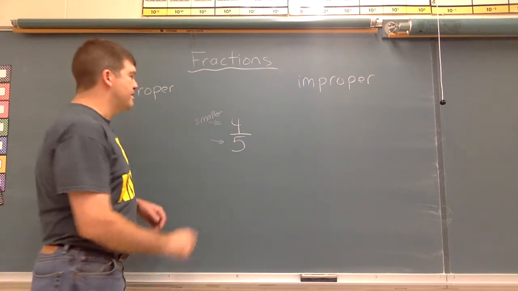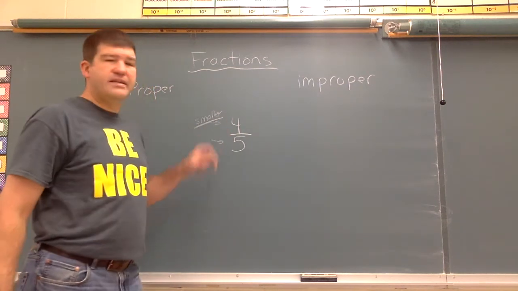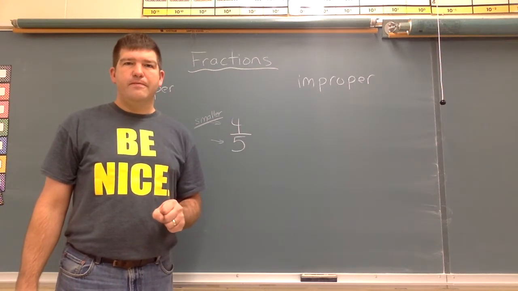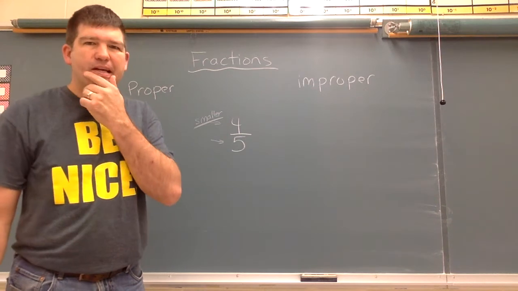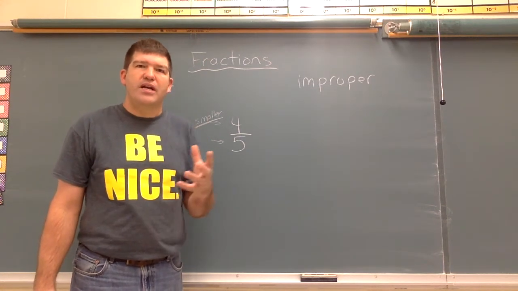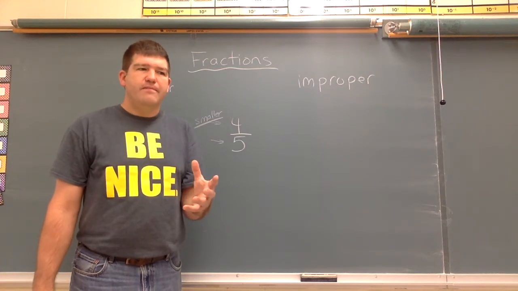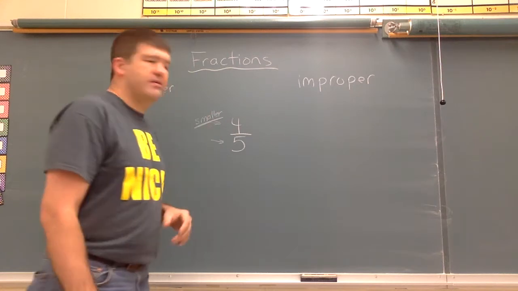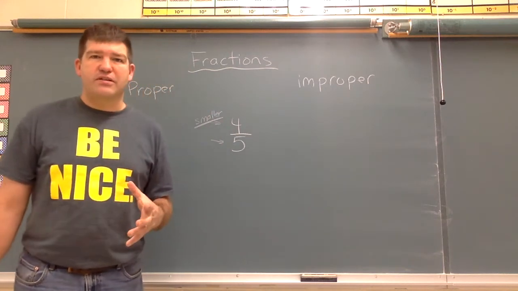If you have a smaller number on top of a fraction, it's a proper fraction. Proper meaning, I would kind of say it's the normal one. It's the most common. That's how you're going to see most fractions.